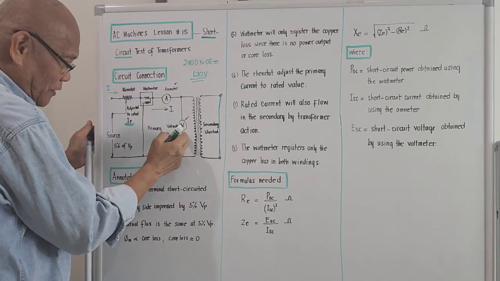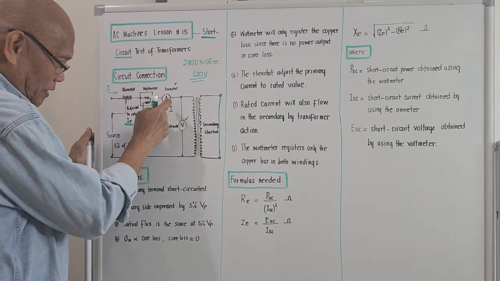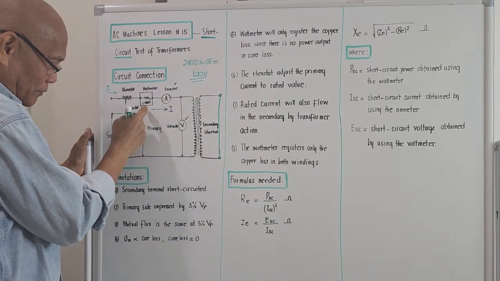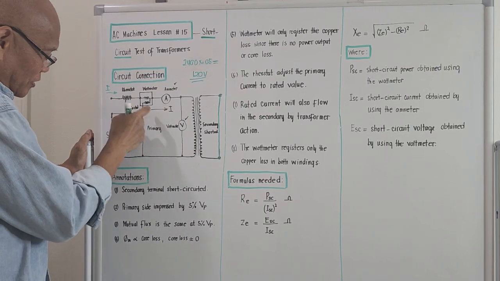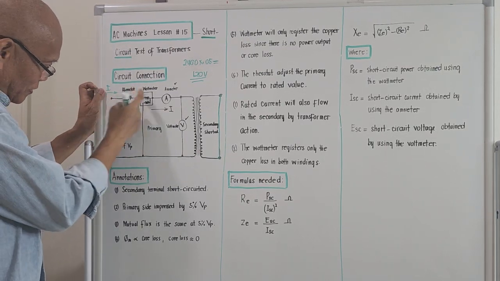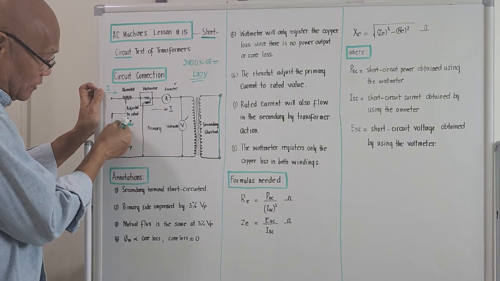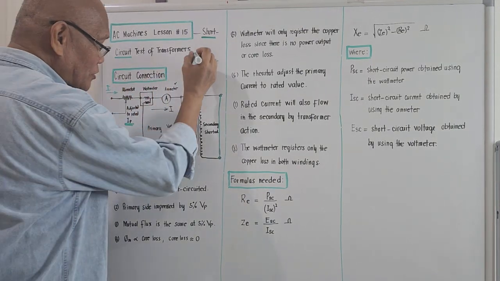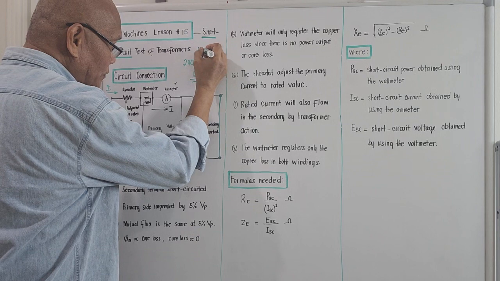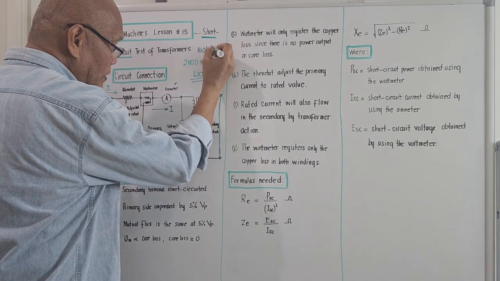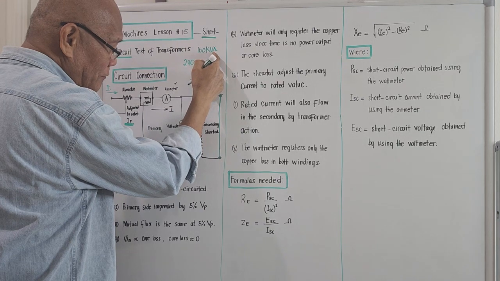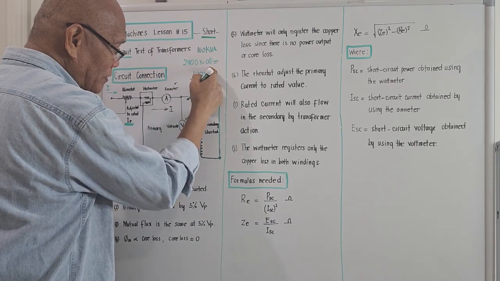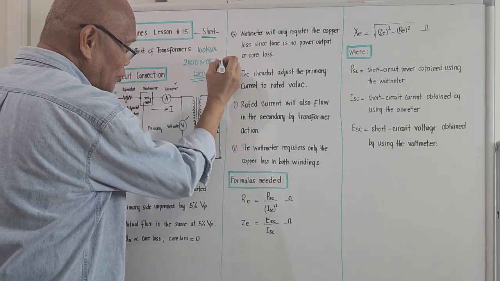We got the voltmeter here. We got an ammeter. We got the wattmeter. We got a rheostat. The purpose of this rheostat is actually to adjust the current coming in to the rated IP. If this is 100 kVA, you divide 100 kVA by 2400. I think we computed this one the last time around.